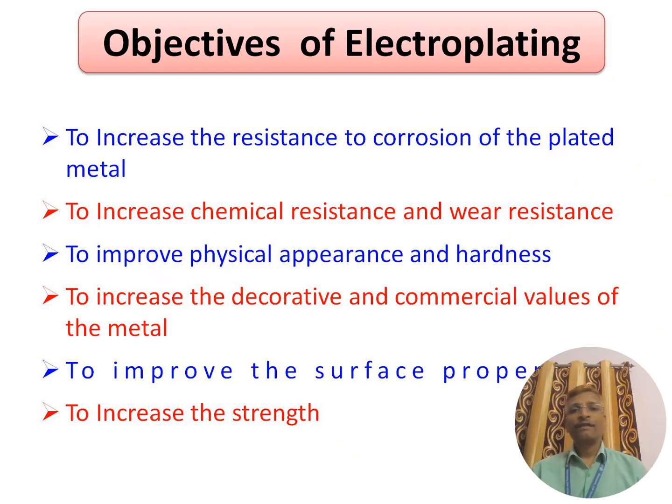It's very simple: to increase the corrosion resistance of the plated metal, to effectively control corrosion, to increase chemical resistance and wear resistance, and to improve the appearance and hardness of the metal, and its look, that is, the decorative and commercial value of the metal. That's the reason the price of ornaments and such things will be high. It also improves surface properties and increases the strength of the objects. These are all the objectives of electroplating.